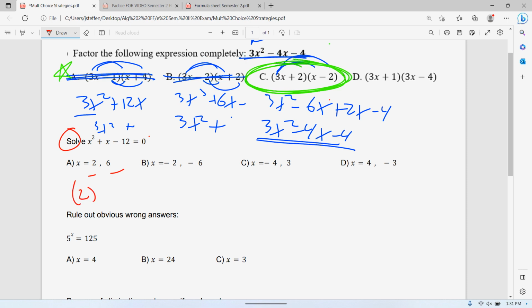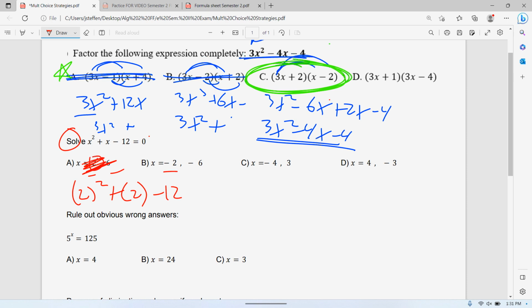Parentheses, 2 squared plus 2 minus 12. So that positive 2 gave us a negative 6, not 0. So that one's not the answer. And if you ever had any other positive 2's in your answers, maybe those equal a negative 2 in that case.